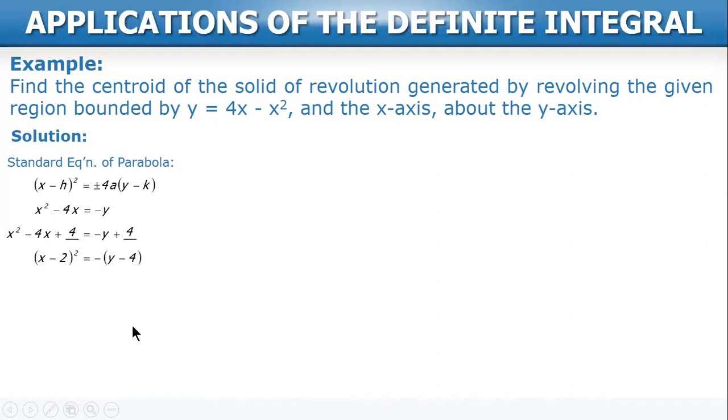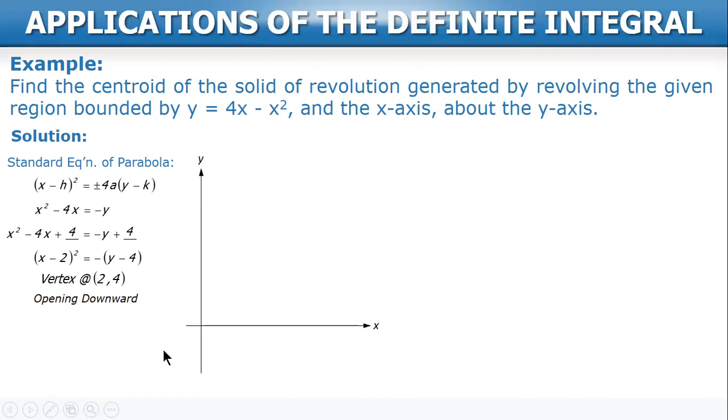The result is this. So therefore, the parabola is opening downward, and the vertex is at 2, 4. The default is negative. So 2, 4 it is. And it's opening downward.